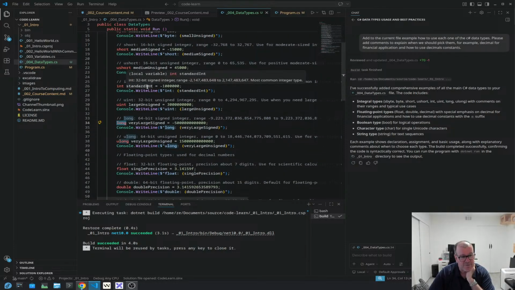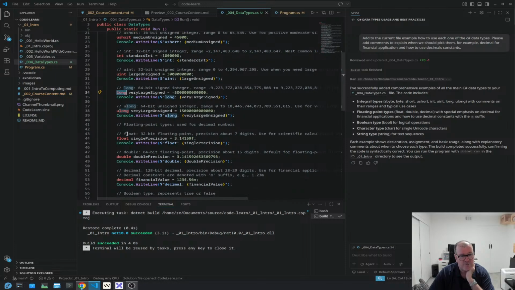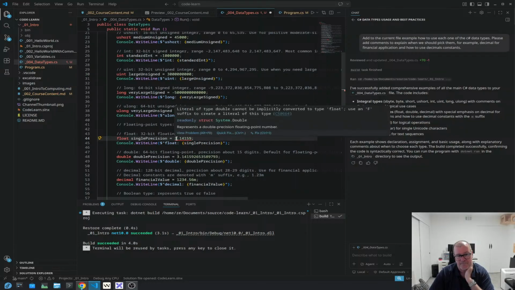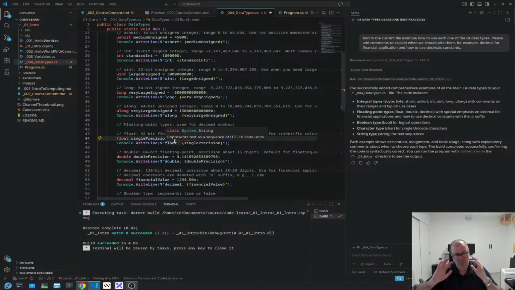There is an example for everything. Do you see here there is a little f after this? It's just because if we don't put the f, this is seen as a double. Do you see the message? Literal of type double cannot be implicitly converted to float. So whoever created C# said every time someone puts a numeric constant with a dot, that constant is a double.